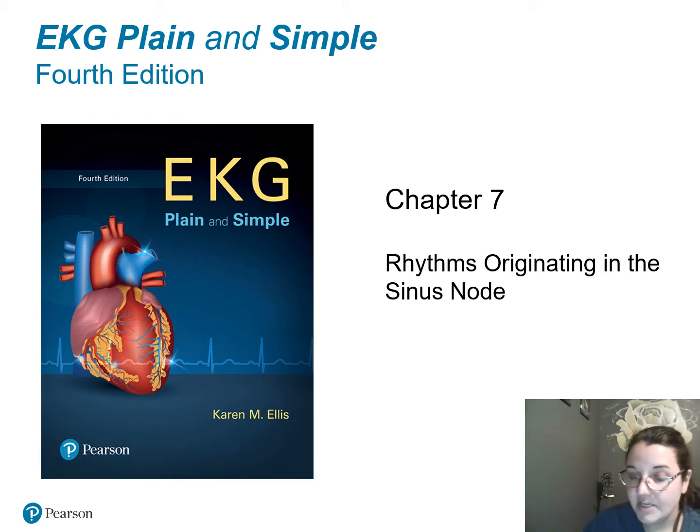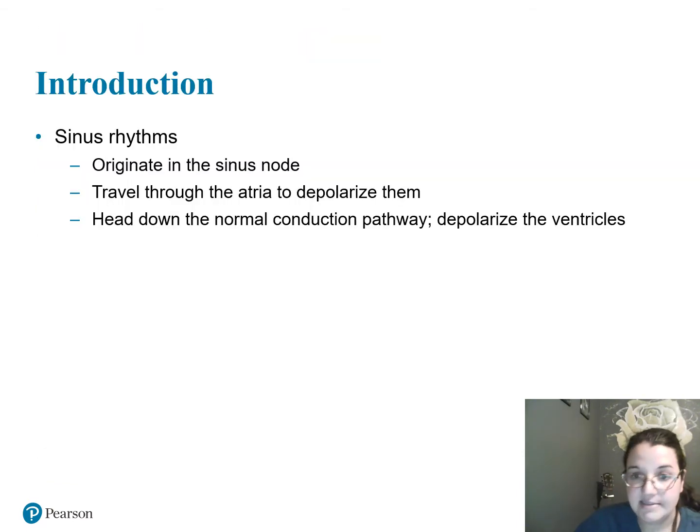If it's the AV node, it's going to be 40 to 60 beats per minute. And if that impulse is coming from the ventricles, it's only going to be 20 to 40 beats per minute, and it doesn't reach the atrium. So again, this is going all the way back to chapters 1 and 2 and adding to it what we learned from chapters 3 through 6.